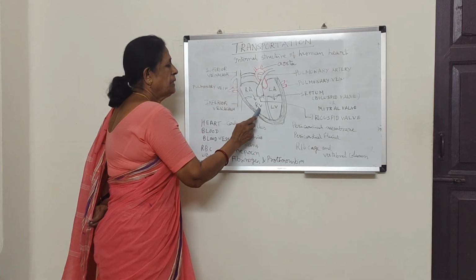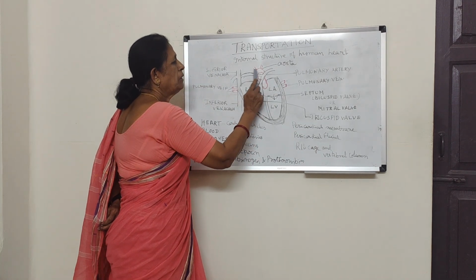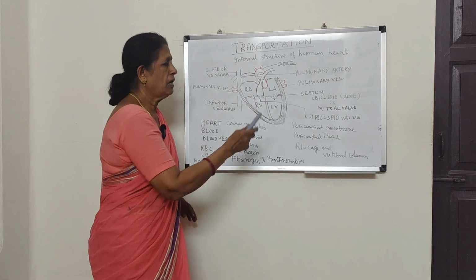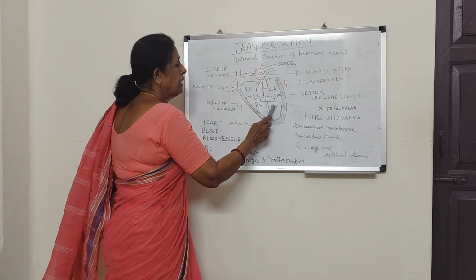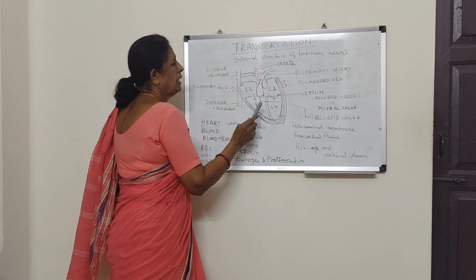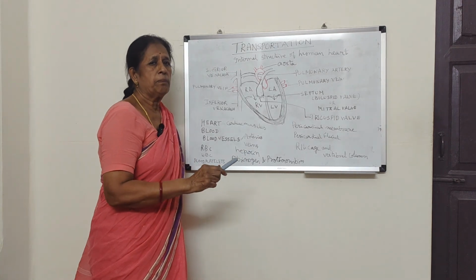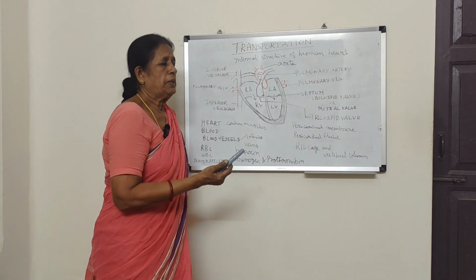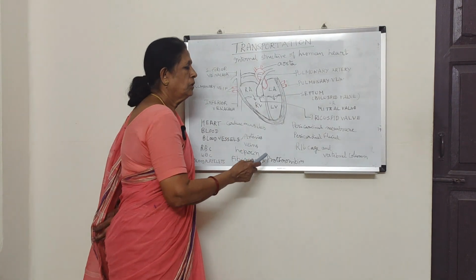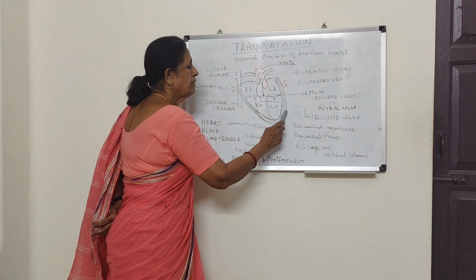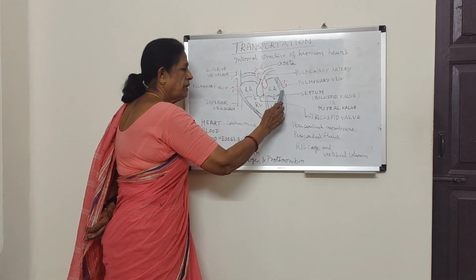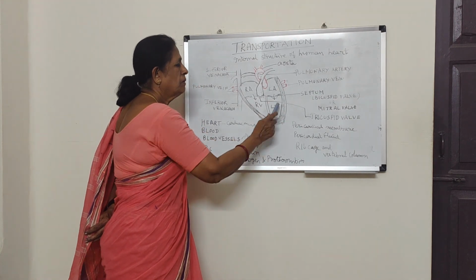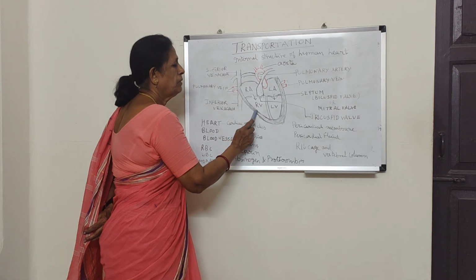Because from the right side the blood is supplied only to the lungs, very close to the heart. But from the left ventricle, the aorta has to supply blood to all body parts, from head to toe. That is why the walls of the left ventricle and left atrium are more muscular when compared to the right side chambers.